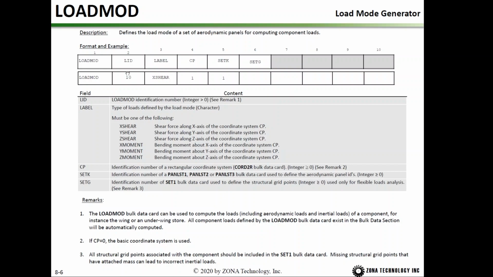And the LOADMOD card defines a component load. This card is referred to by many other cards. And first, you want to specify a set of aerodynamic panel IDs by referring to PANLST1, PANLST2, PANLST3. So ZONAIR will integrate the aerodynamic pressure on those panels to give you aerodynamic component loads.